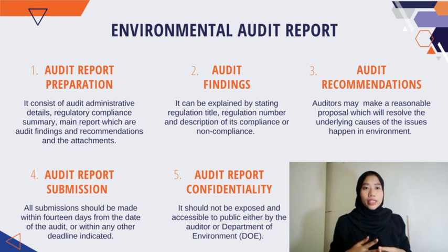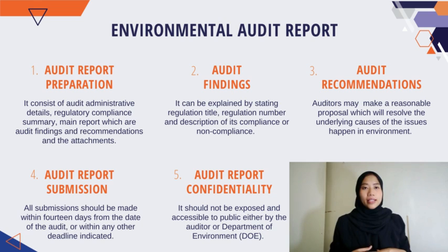Otherwise, DOE shall return these audit reports to the audit team leader for the necessary corrections and amendment. Basically, the reports should contain the following items, which are audit administrative details, regulatory compliance summary, main report including audit findings, and recommendations and its attachments.